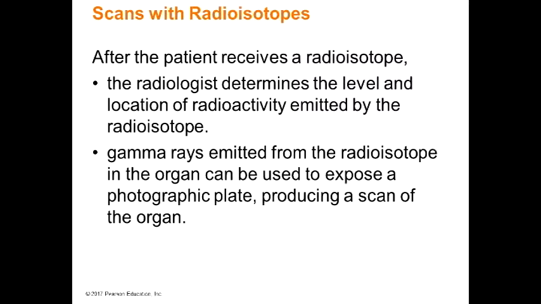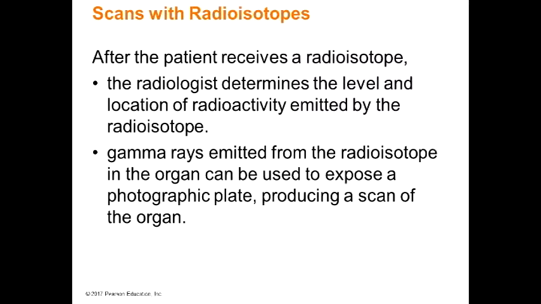After the patient receives the radioisotope, the radiologist determines the level and location of radiation emitted by the radioisotope. Gamma rays emitted by the radioisotope in the organ can be used to expose a photographic plate, producing a scan of the organ.